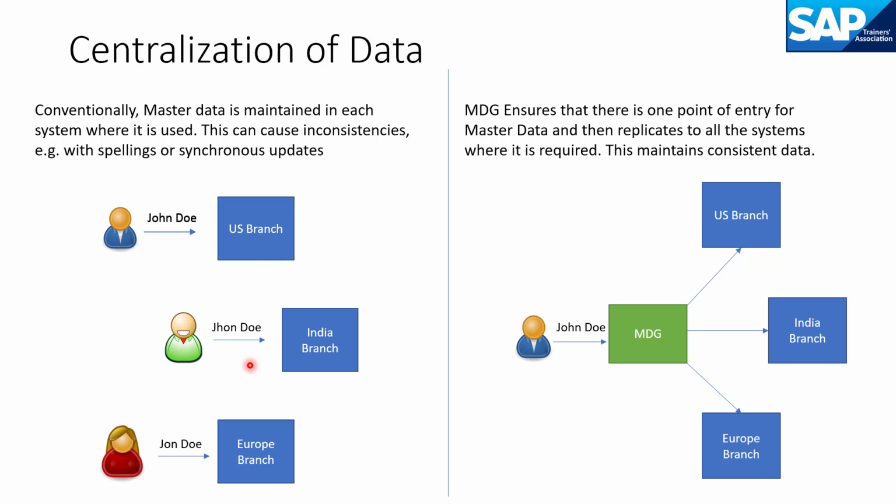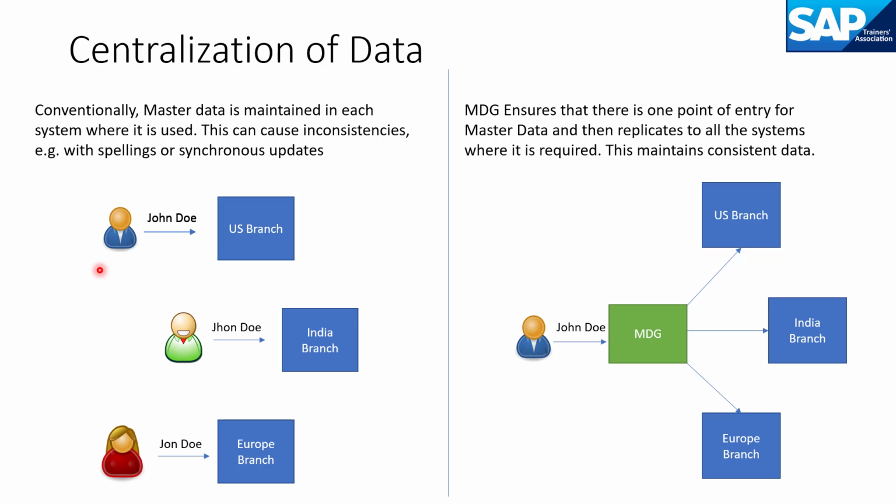But the same customer has to be created for the India branch, so we replace the H with an O and save it as Jon Doe. Orally, it sounds similar, but it is not the correct spelling. In Europe, let's say they miss out the H completely and write Jo Doe. It sounds fine, but technically it is not the same thing because it's a different spelling.